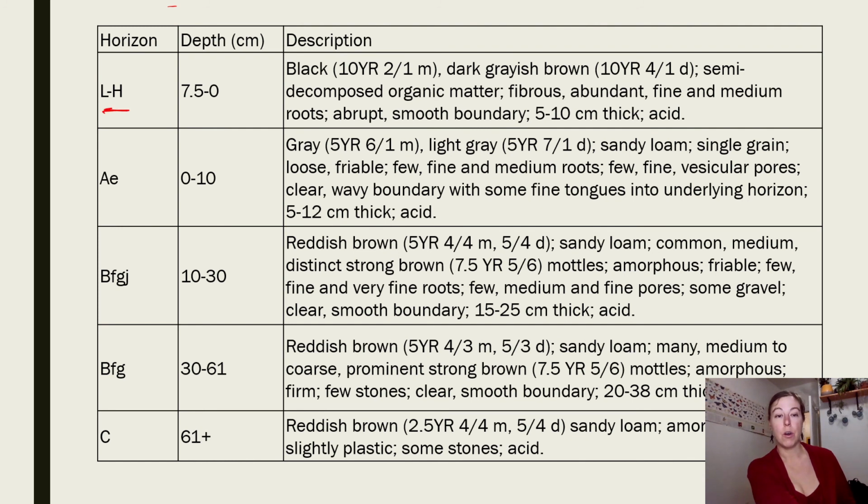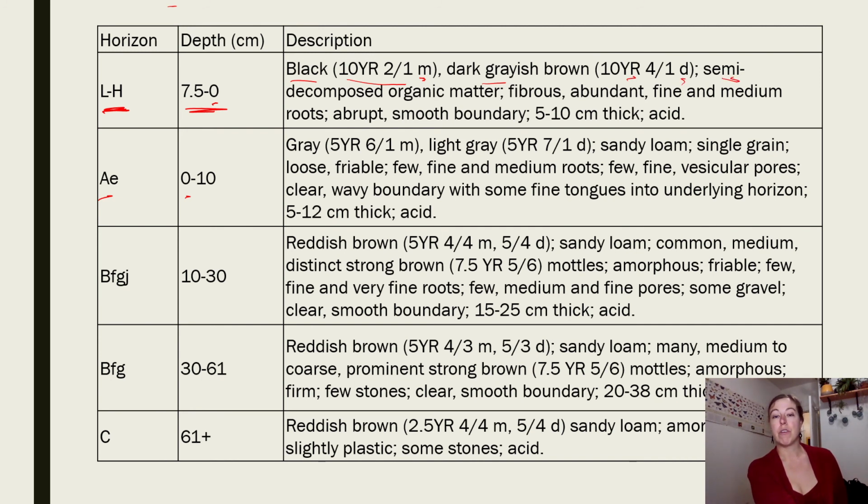You've got your horizon name, the depth. So see the organic one ends at 0, whereas the mineral one starts at 0. And then in the order we went through, color name, color code. This is moist. Color name, color code for dry.